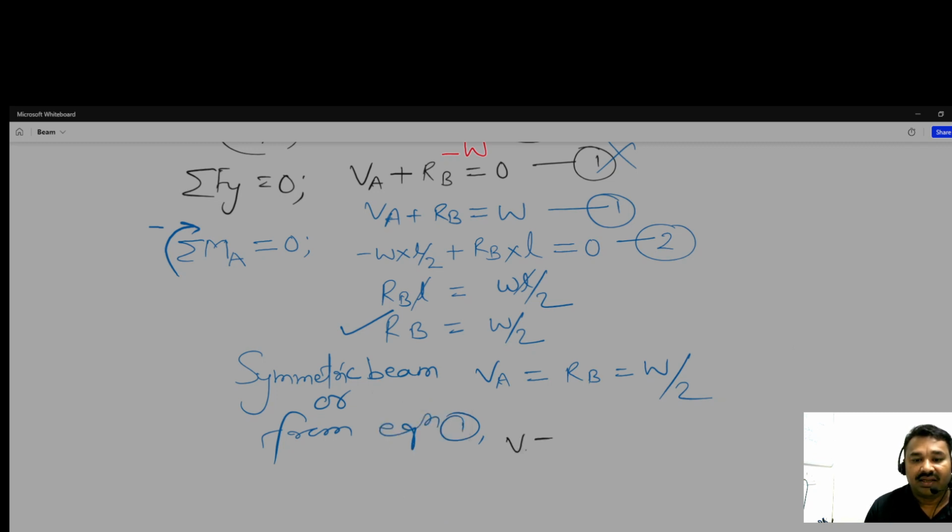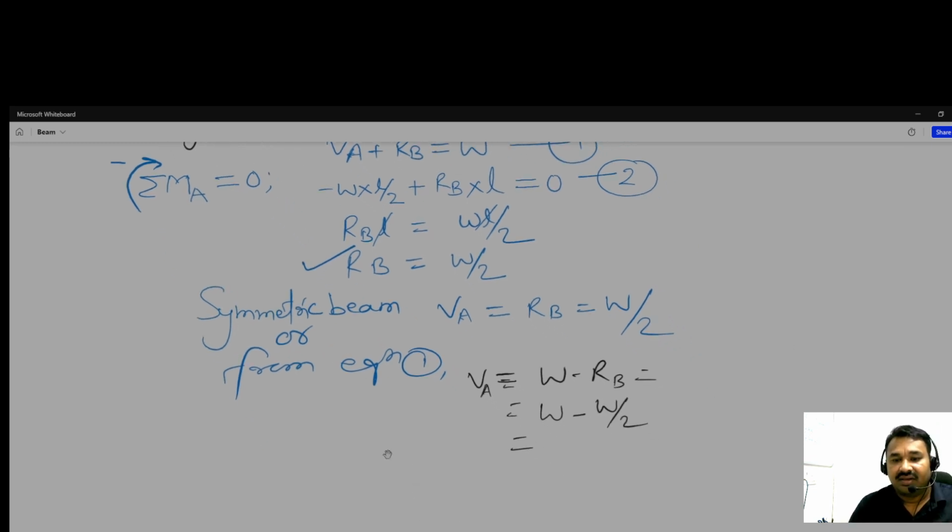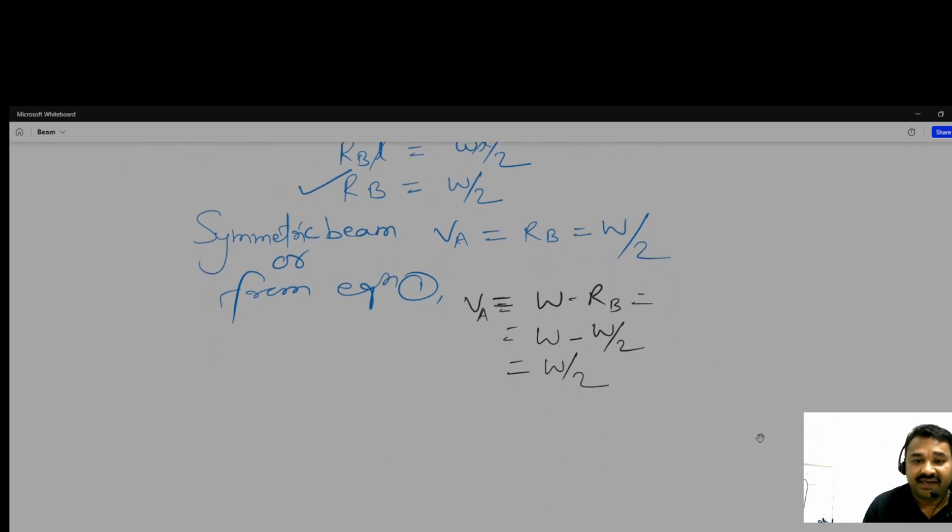So VA is equal to W minus RB, and if you put the value of RB here, it becomes W minus W by 2, so it is W by 2. So what are our findings? HA is equal to 0, VA is equal to W by 2, and it is equal to RB. So this is our answer.